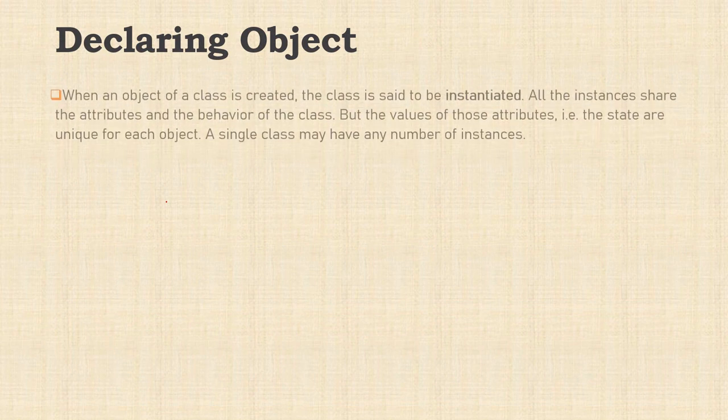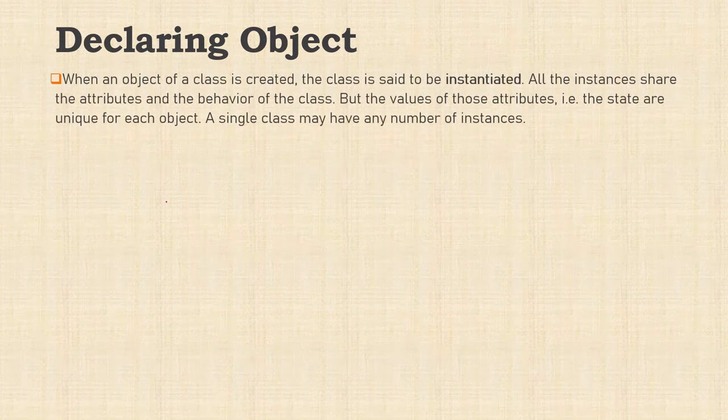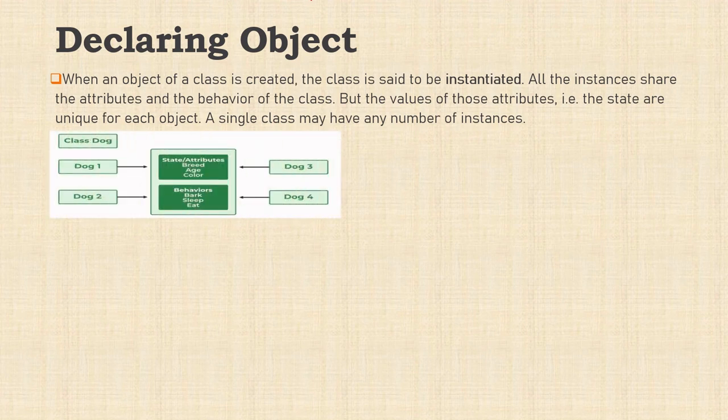So how can you declare an object? When an object of a class is created, the class is said to be instantiated. All the instances share the attribute names and behavior of the class, but the values of those attributes, that is the states, are unique for each object. A single class may have any number of instances. Here the class Dog has state and behavior.